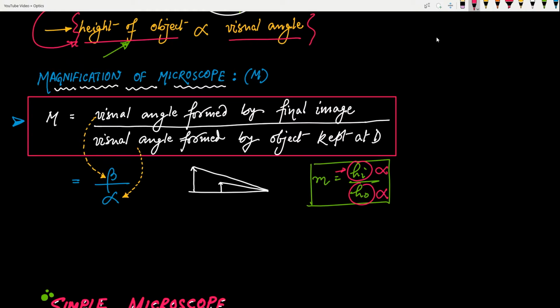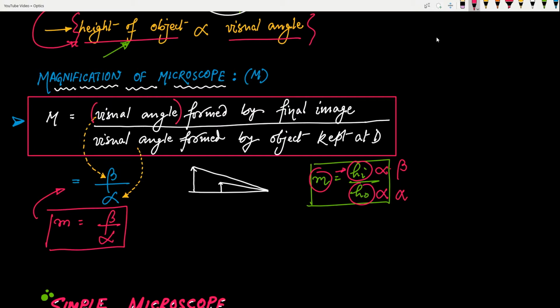Height of the image is directly proportional to the visual angle found by the final image. This visual angle that is found by the final image is written as beta, okay, and the visual angle found by the object kept at D is written as alpha, okay. Therefore now we can replace this formula of magnification, hi by ho, as m is equal to beta by alpha, as I've written it down here, isn't it?